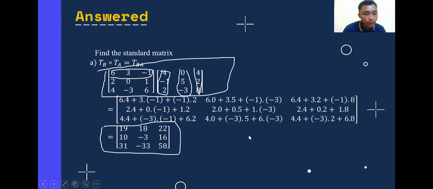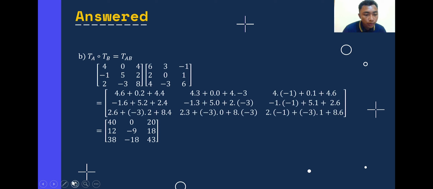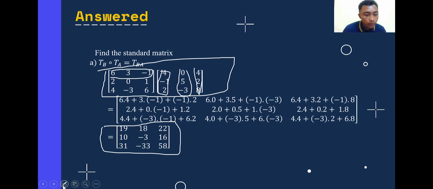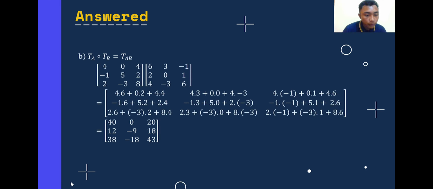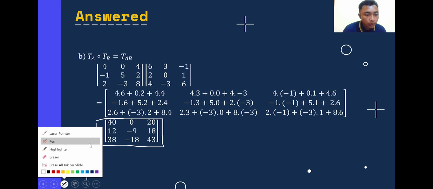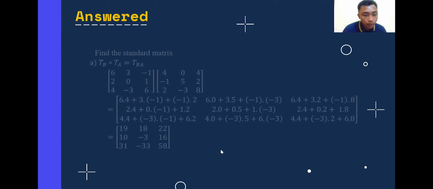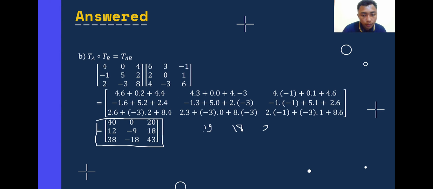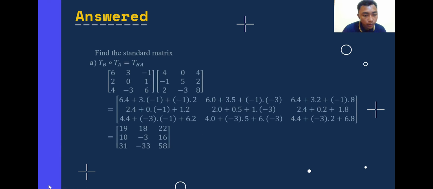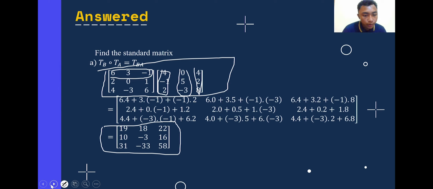And how about TA and TB? Yeah, the result is different. In the TB, the result is 18, 22, 10. Sorry, I forgot. 10, minus 3, 3, 3, 1.